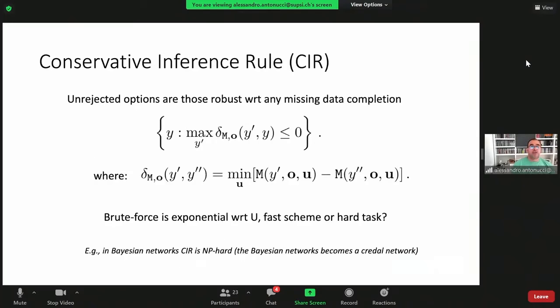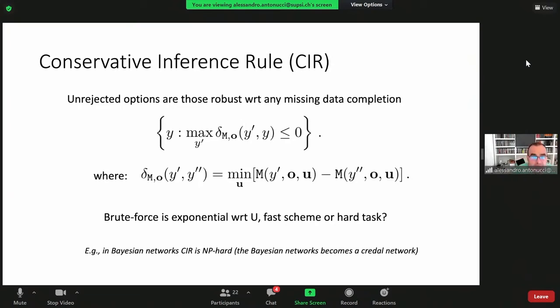If we have this measure, we can be very conservative and decide that the output of our classifier will be made only by the unrejected options, which we intend as the options for which this dominance given the other class is negative.